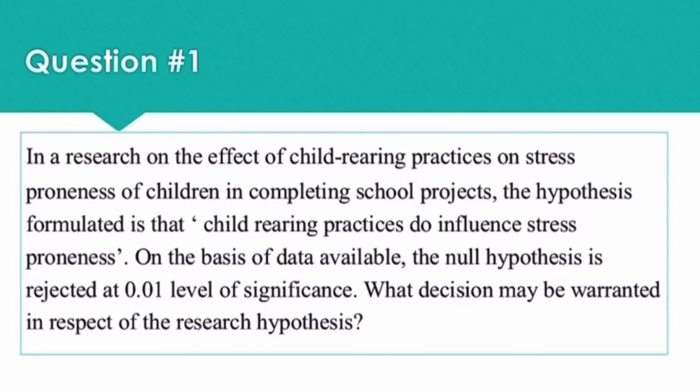The hypothesis says that child rearing practices influence stress proneness. On basis of data available, the null hypothesis is rejected at 0.01 level of significance. What decision may be warranted in respect of the research hypothesis? When the null hypothesis is rejected, we accept the research hypothesis.